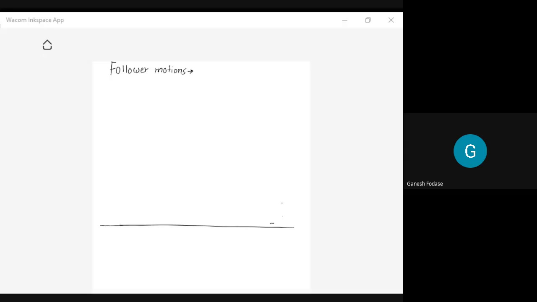So I will briefly revise what we discussed in the last lecture. We discussed uniform motion, and for uniform motion the displacement diagram of cam and follower is like this.